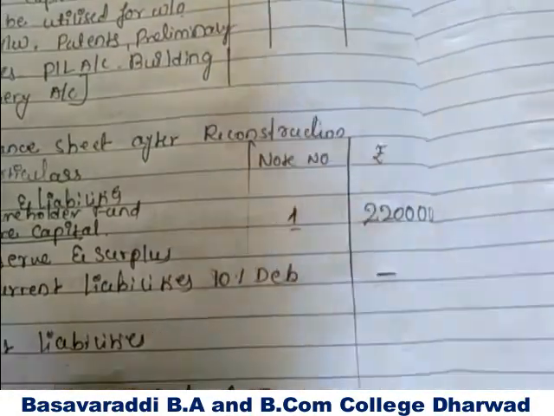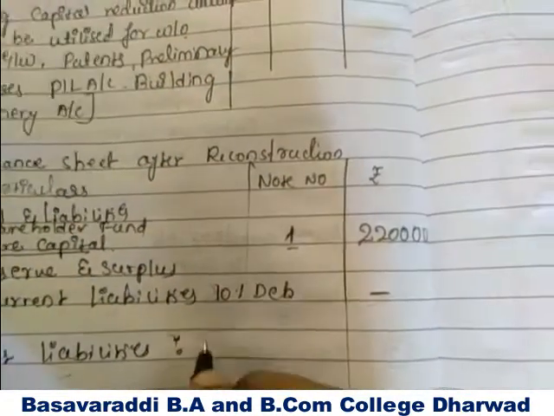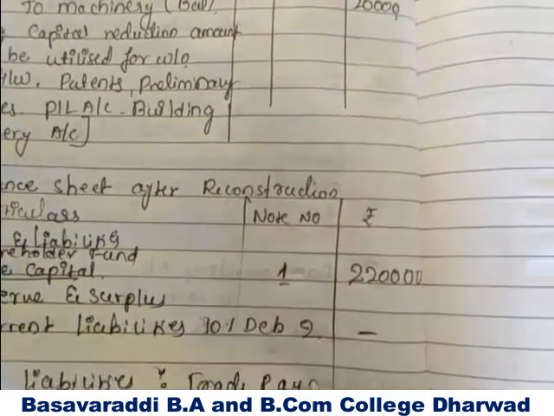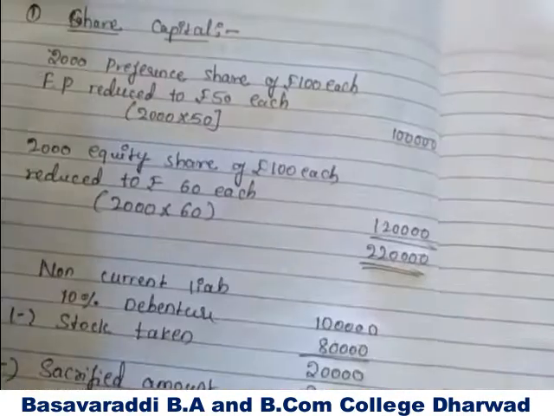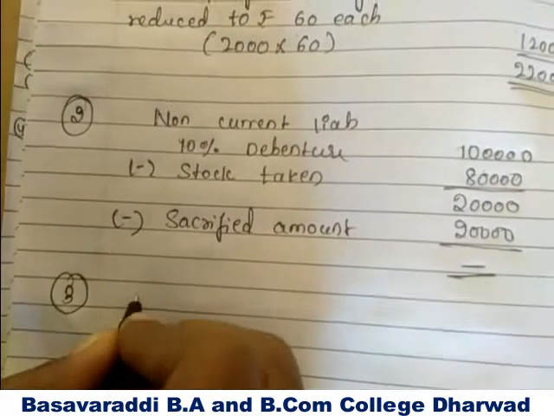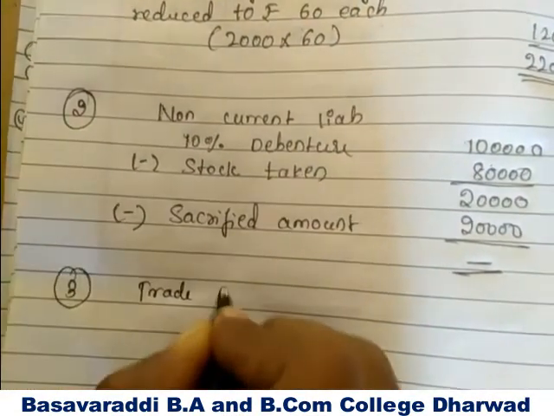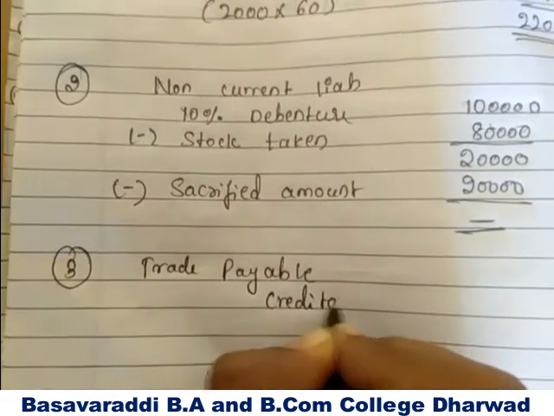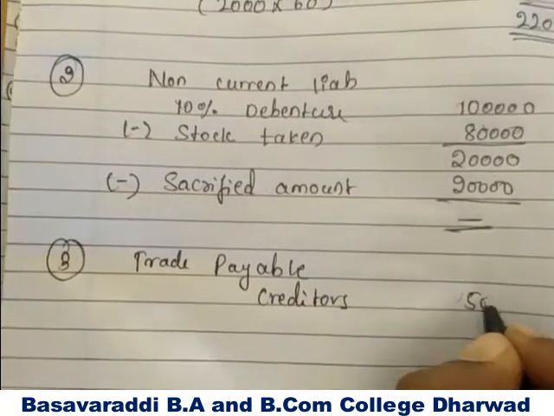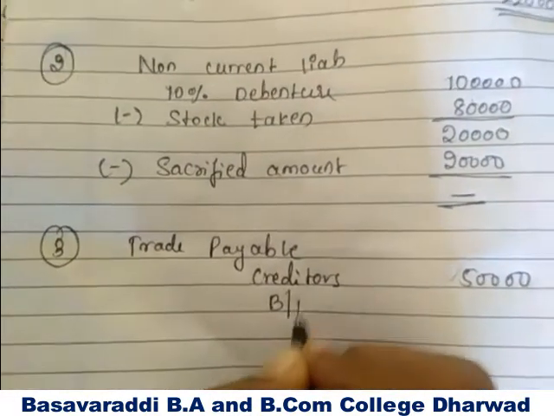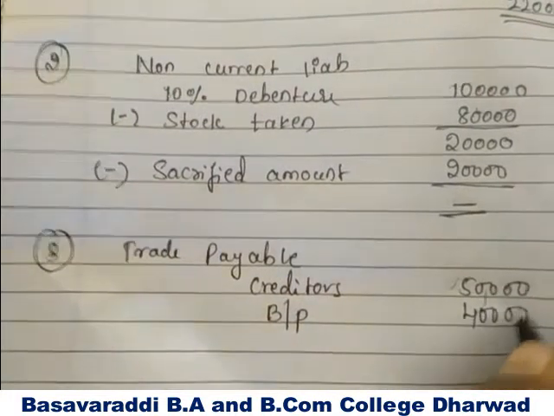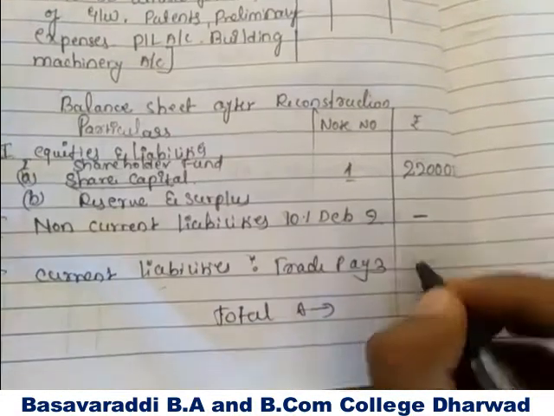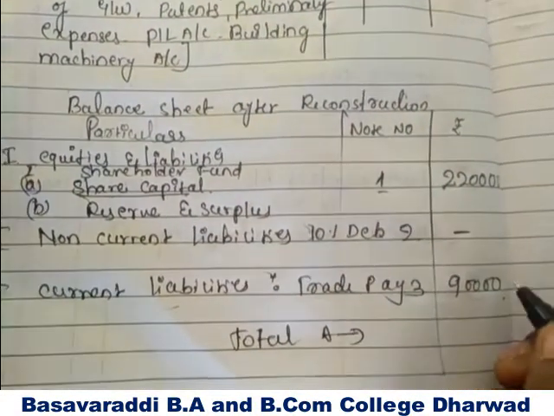Now in current liability, trade payables, working note number 3. Trade payables: creditors, how much? 50,000, and bills payable 40,000, that is 90,000 rupees. 90,000 is the trade payables amount.